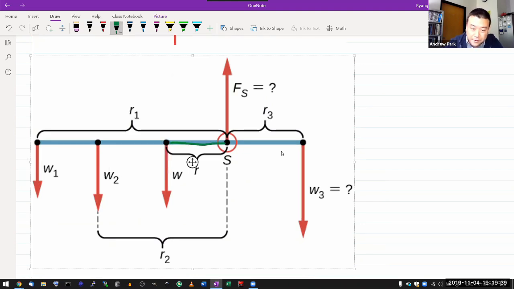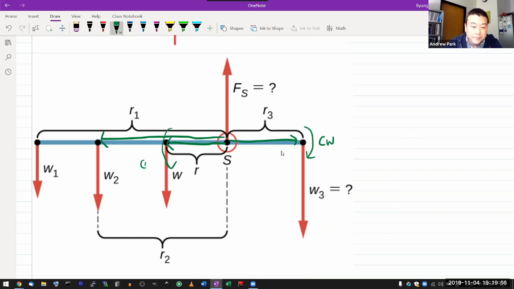This is the lever arm for W1, this is the lever arm for W2, and this is the lever arm for W3. You do want to account for the sense of rotation separately for each one. But they are all 90 degrees here. They don't have to be very complicated. The lever arm is the actual displacement.